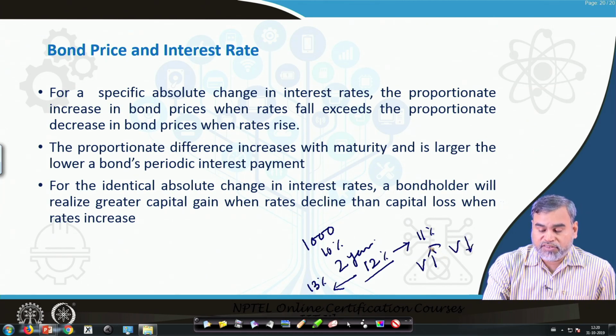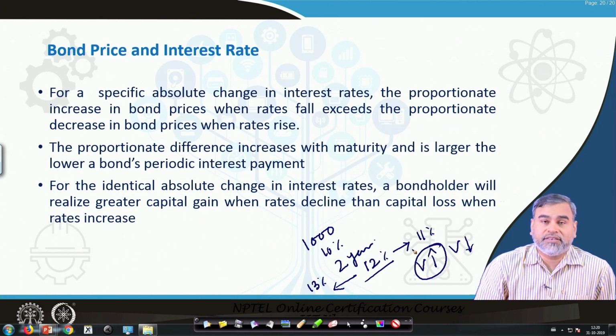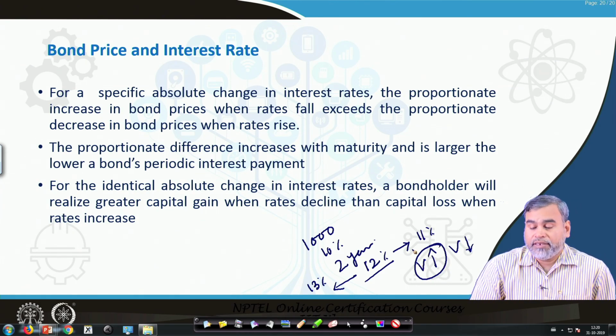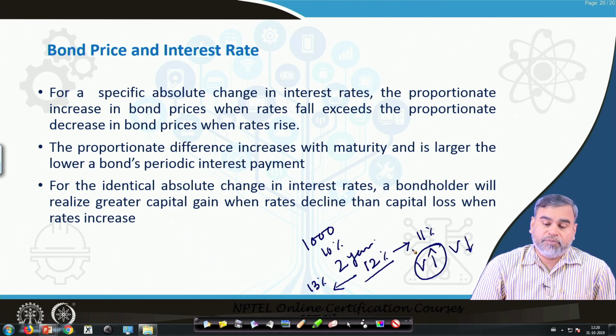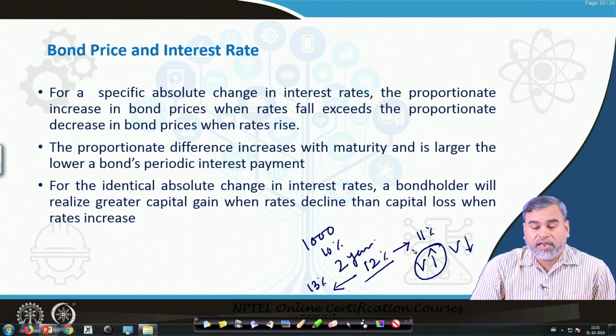But the percentage increase in price due to the decrease in interest rate is always more than the percentage decrease in the value of that bond due to the increase in the interest rate. That means the impact of a decline in the interest rate will be more on the value of the bond than an increase in the interest rate in that scenario.